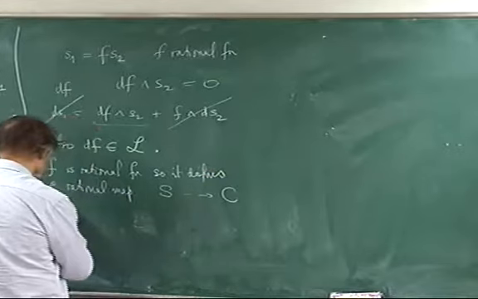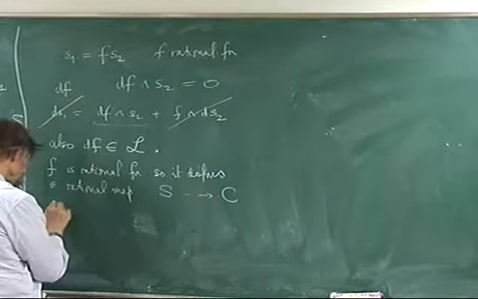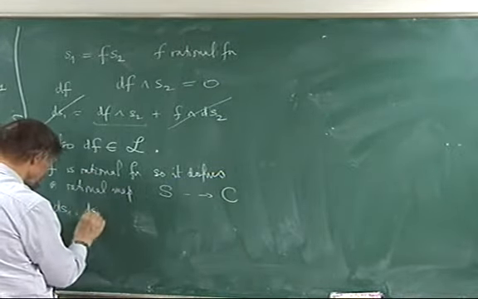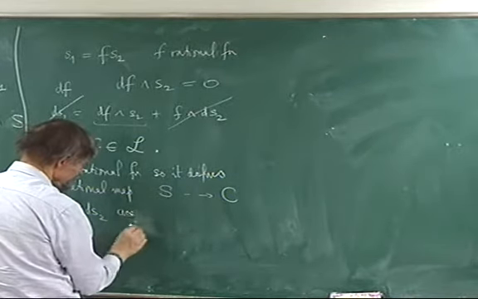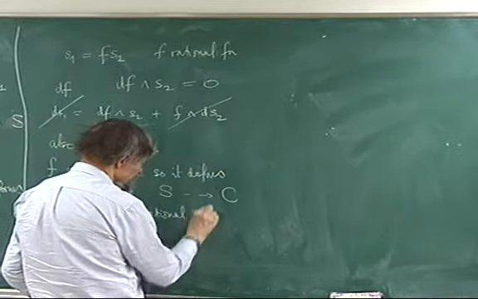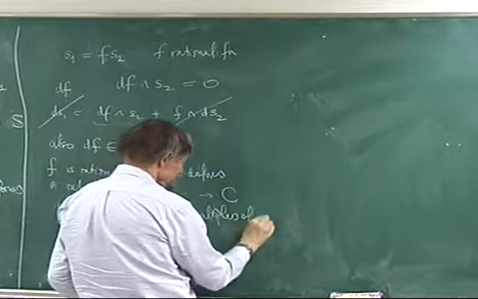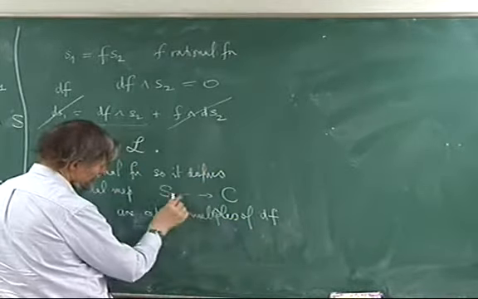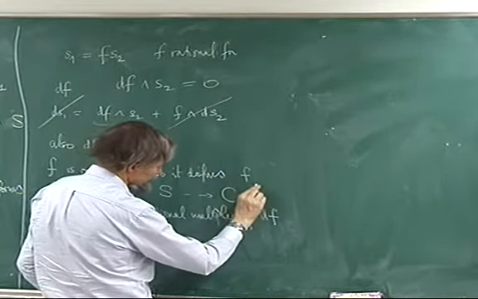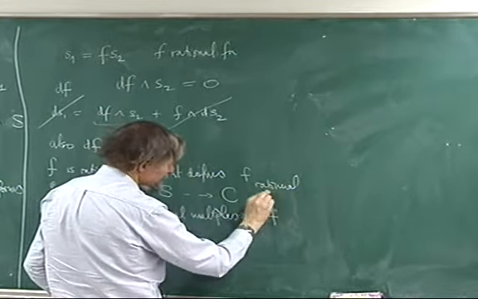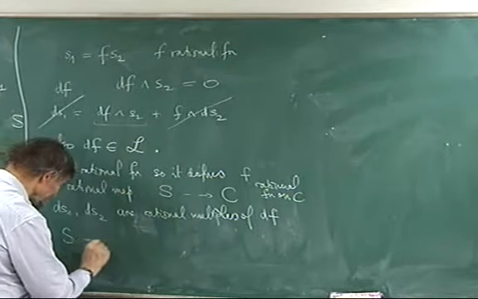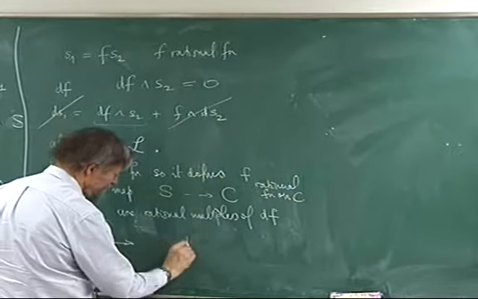But then dS1 and dS2 are rational multiples of df, right? So essentially the f here is now a rational function on C. I should say I'm taking S, and I'm using the function f to define a map to P1, right?